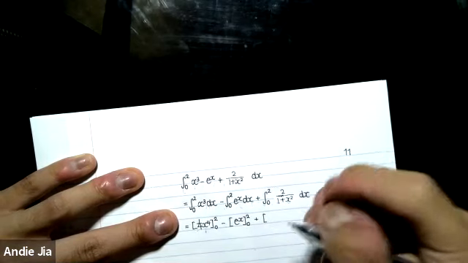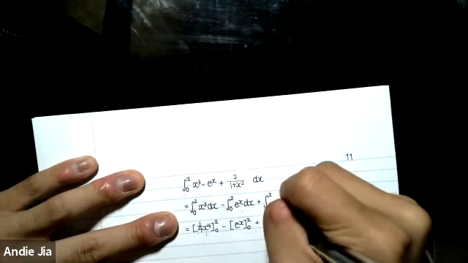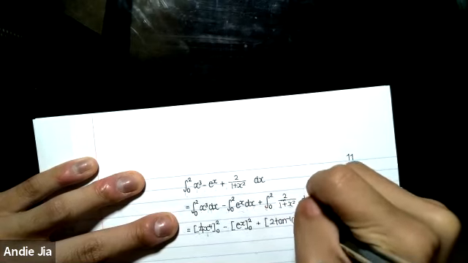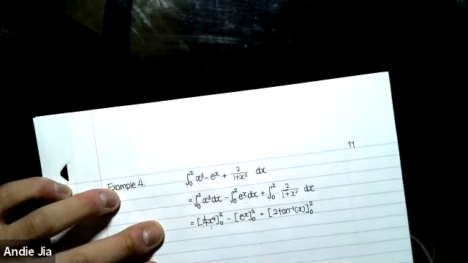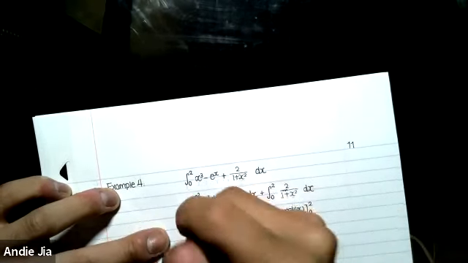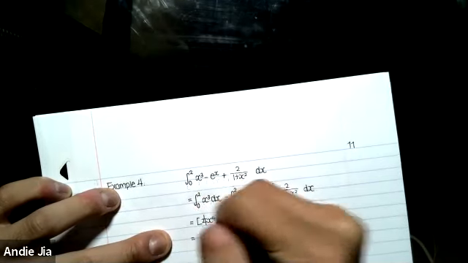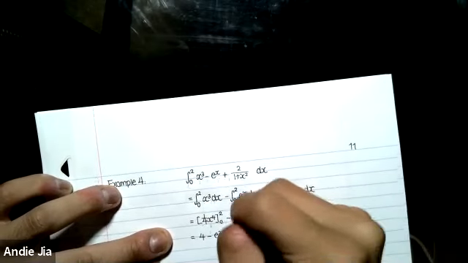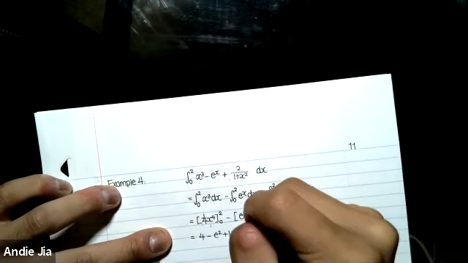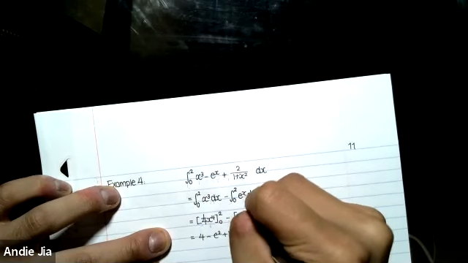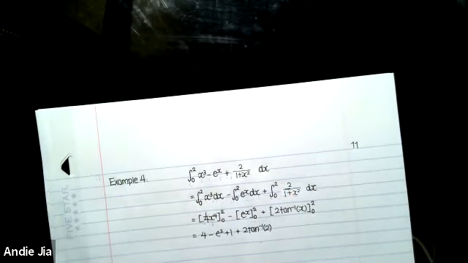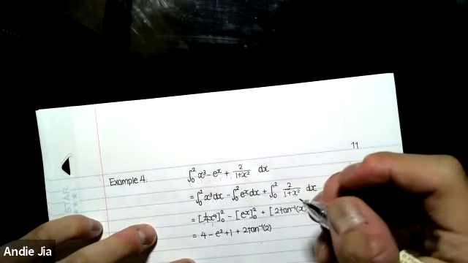I'm so sorry for the mistake. So it's going to be 2 over 4 minus e squared plus 1, plus 2 arctan 2, plus 2 arctan and like a 0.